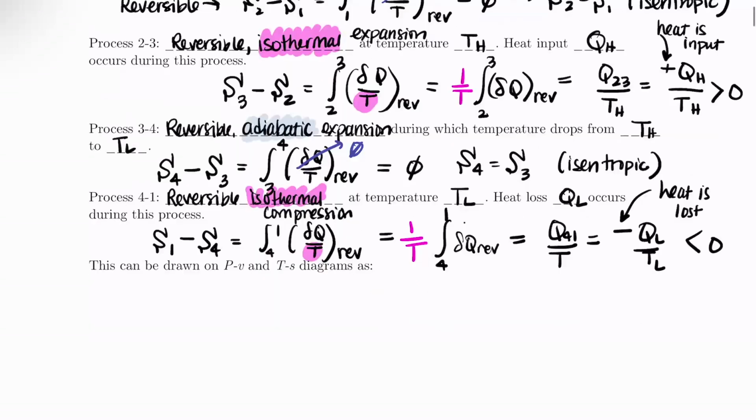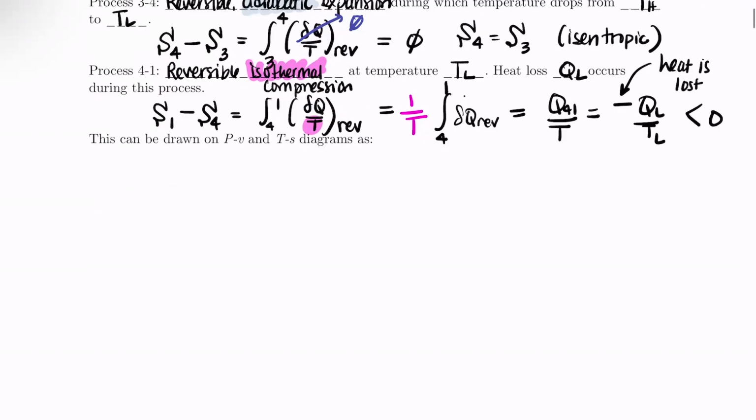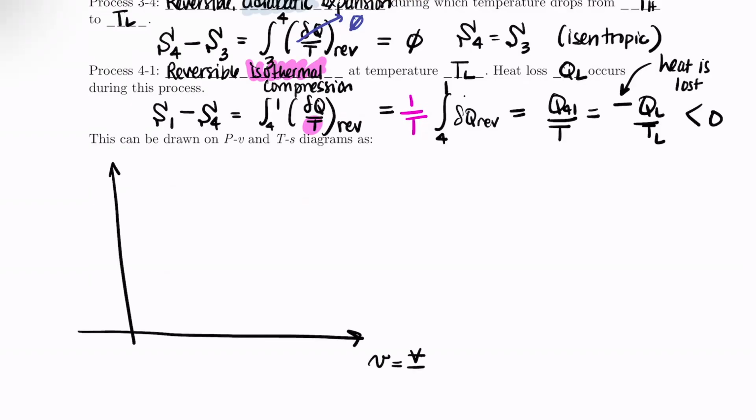Okay, so we can draw this process on both a PV diagram as well as a TS diagram. So I will do that now. Here's our specific volume, so we've got volume over mass, and then pressure on this side. If you remember from PV diagrams, we have lines for isothermal processes.